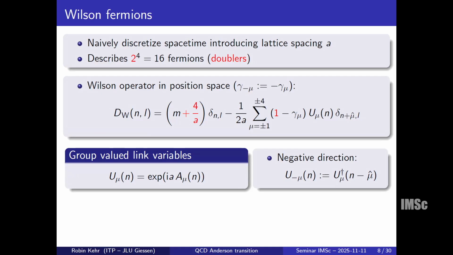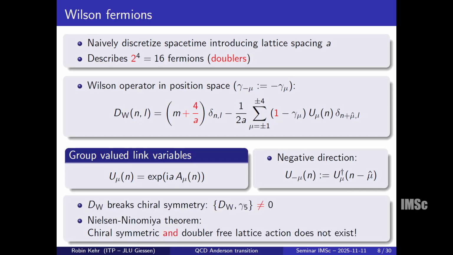And then the Wilson Dirac operator reads like this, where we now have these group valued link variables on the lattice, and also here the negative direction given by the Hermitian conjugate. However, while we have removed the doublers, there's a problem, since these red highlighted terms here explicitly break chiral symmetry, even for the massless case.